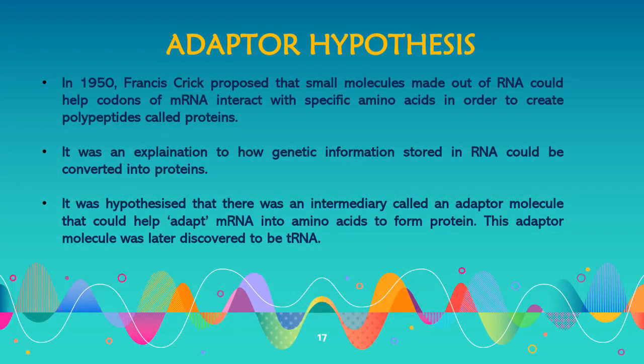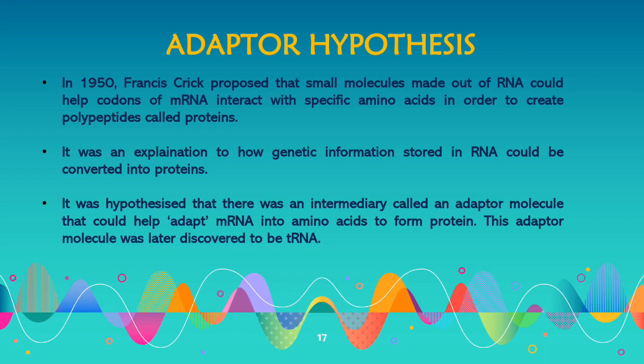Next is a hypothesis called the adapter hypothesis. In 1950, Francis Crick proposed that small molecules made out of RNA could help codons of mRNA interact with specific amino acids in order to create polypeptides called proteins. That is, codons of mRNA use certain small molecules made out of RNA to interact with the specific amino acids to form the proteins.